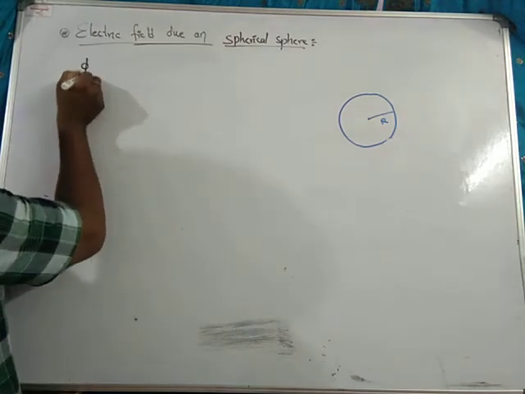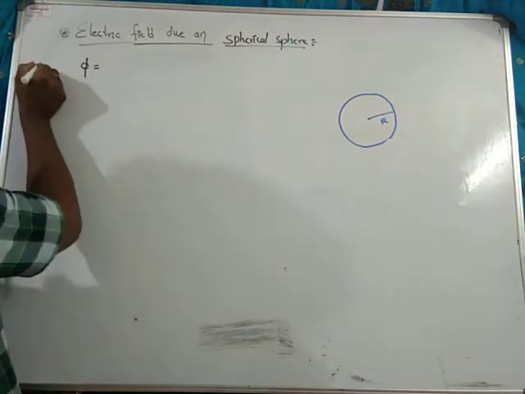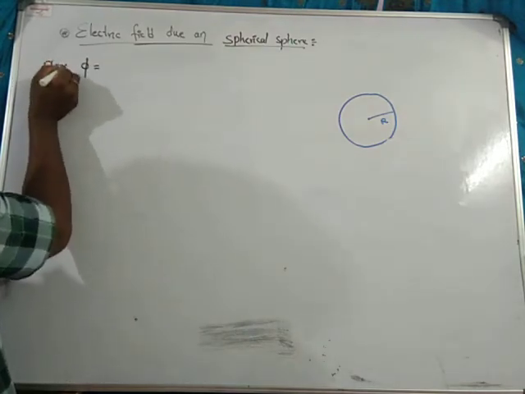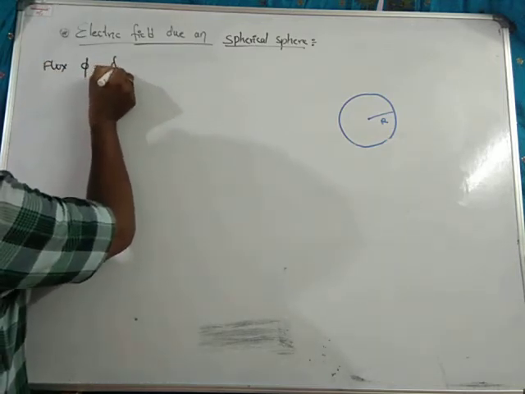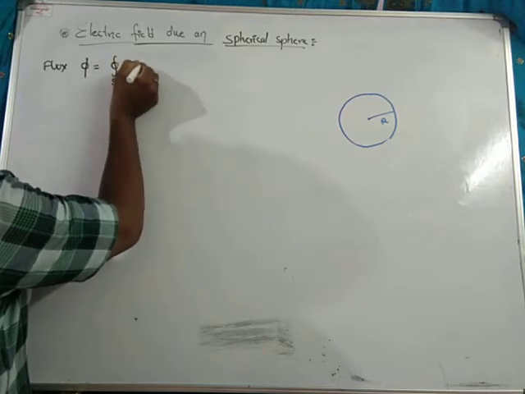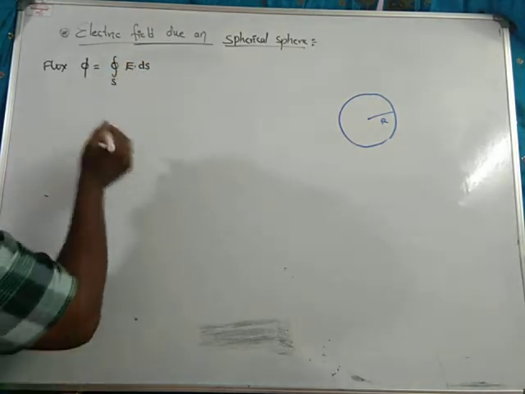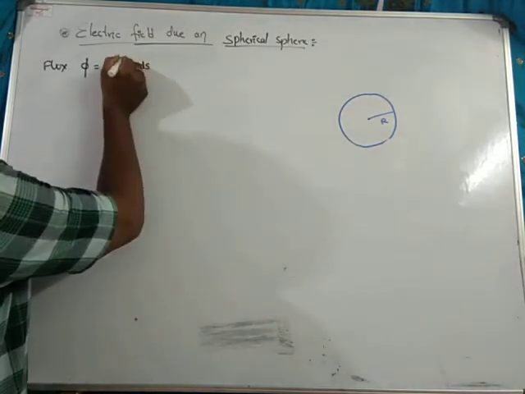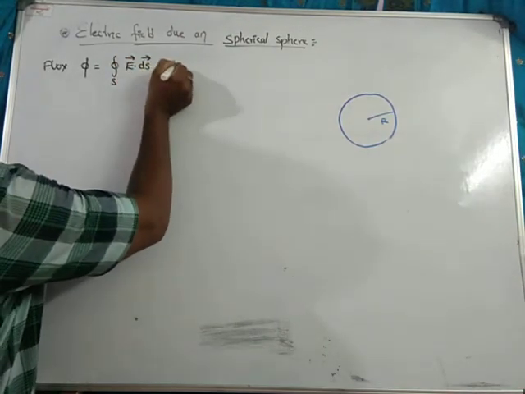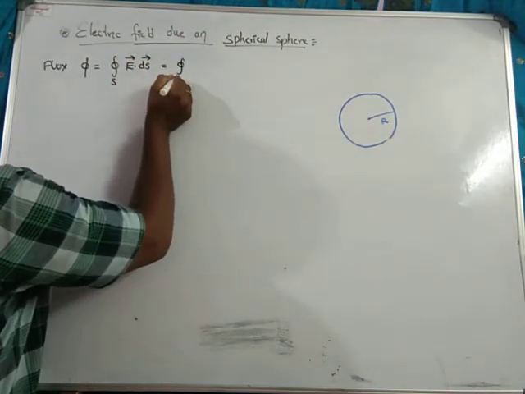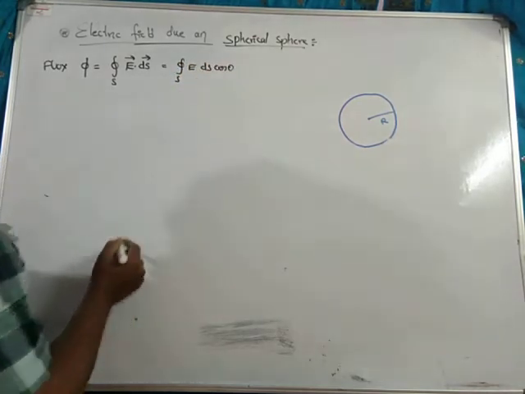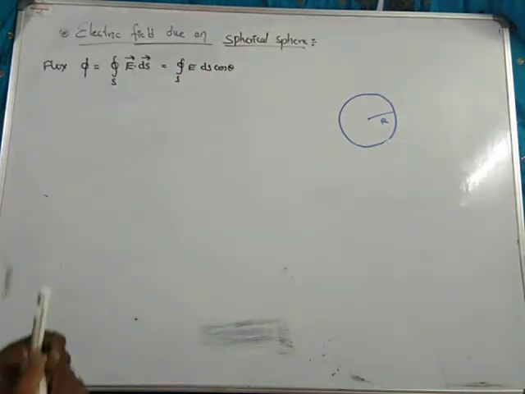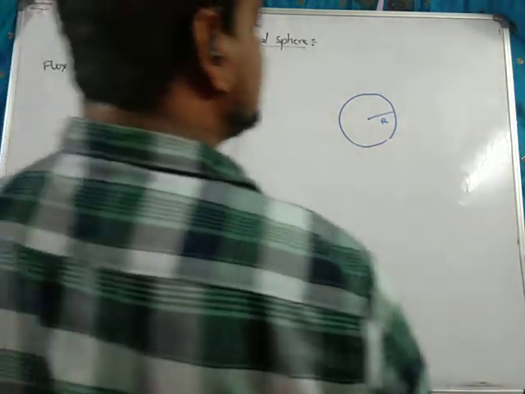So we have flux is equal to the surface integration of E ds. Both are having directions, so we get the surface integral of E ds cos theta. So we have a formula. Here we consider the small sphere.